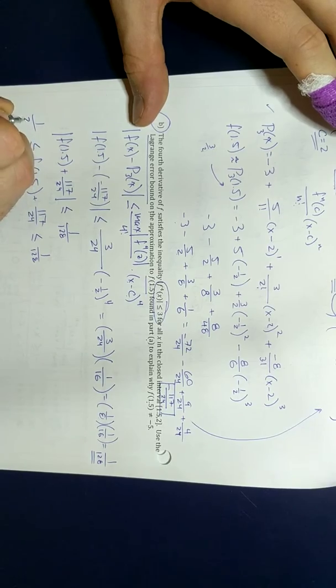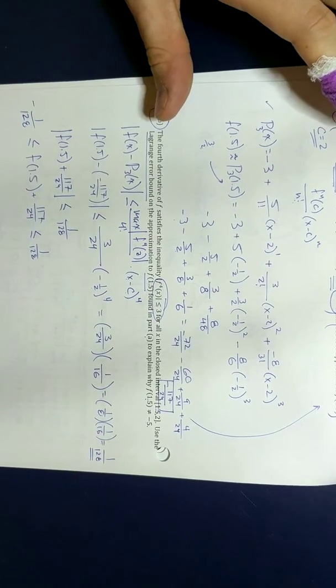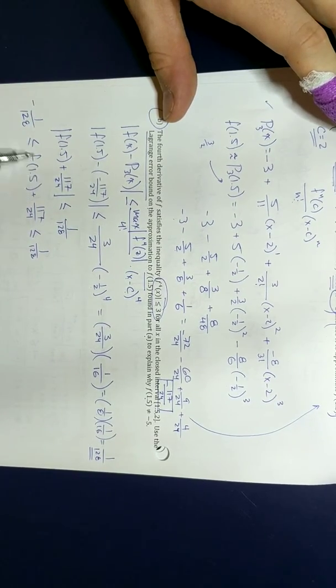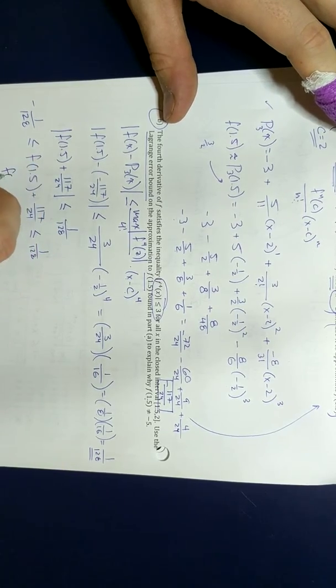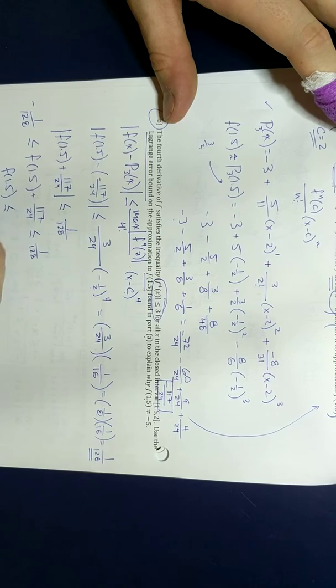And then I want to get a range of values for f of 1.5 to fall in between. So that would be f of 1.5 less than or equal to negative 117 over 24 plus 1 over 128. And then this would be negative 117 over 24 minus 1 over 128.